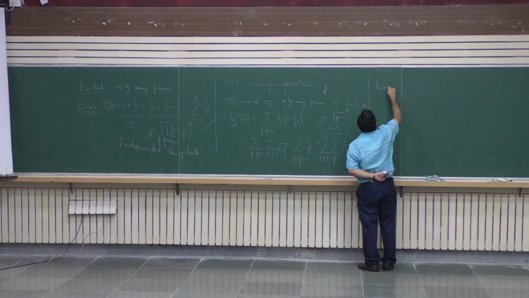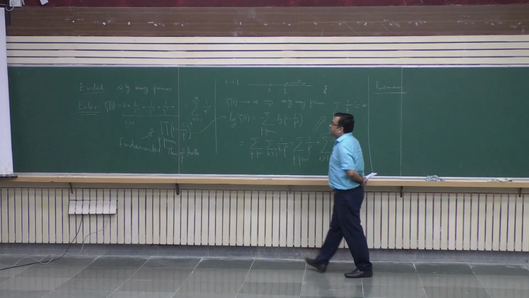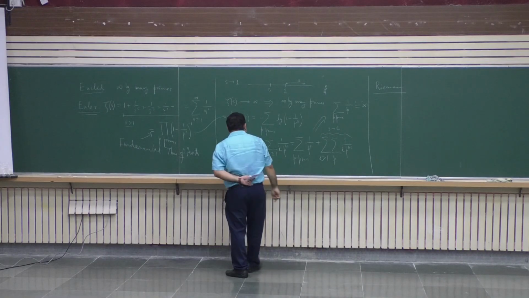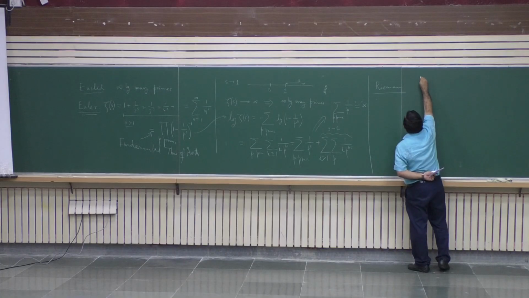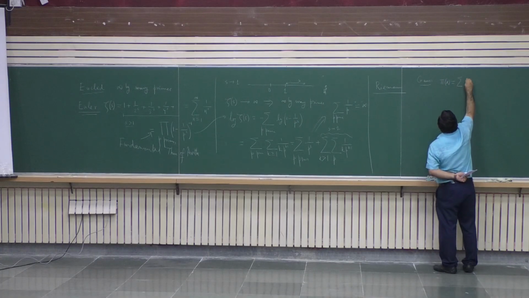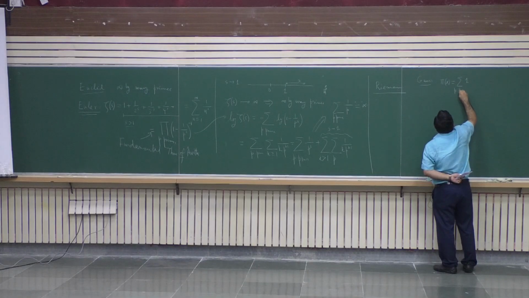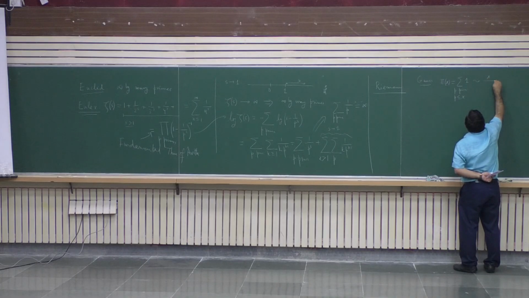So why is this called the Riemann zeta function? Okay, Riemann wanted to prove something more about primes. There was a conjecture of Gauss and Legendre, which says that if you count the primes up to x, then this is asymptotically equal to x by log x.